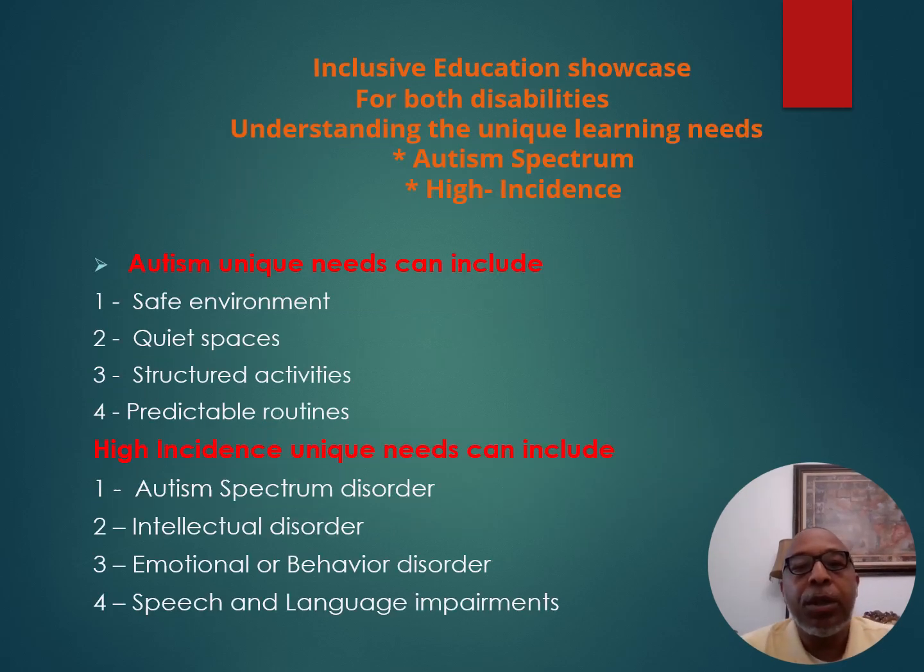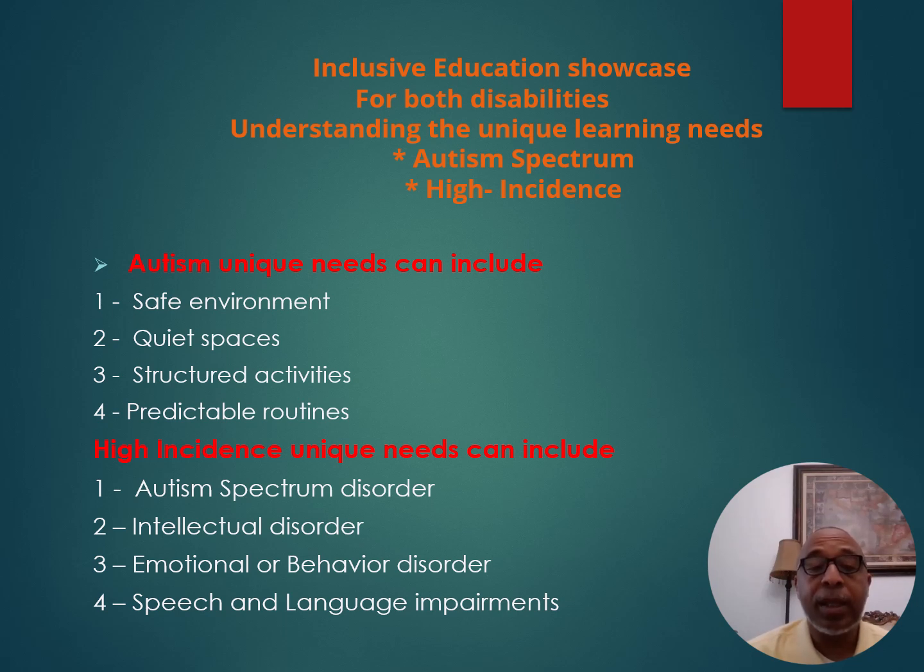As we go into this presentation, let's talk about inclusive education showcases for both disabilities, understanding the unique learning needs for autism and high incidence. Autism unique needs can include safe environments, quiet spaces, structured activities, and predictable routines.